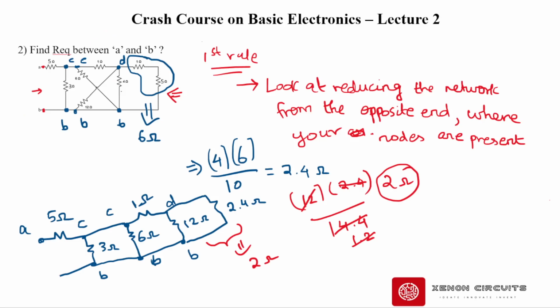If I redraw the circuit, from A we will be having 5 ohms, and then here we will be having 3 ohms at node C, and then this is nothing but node B, right?